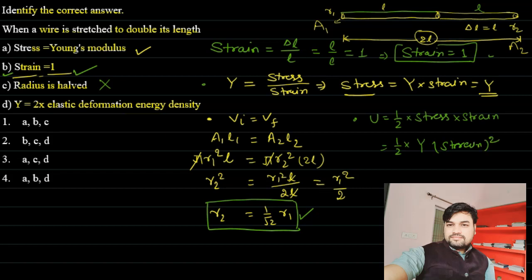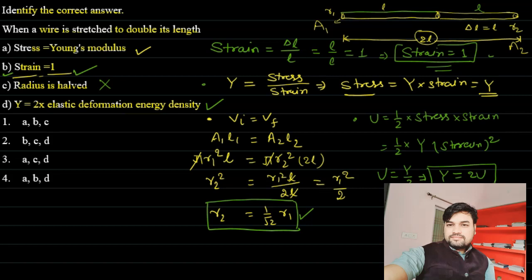Now we have calculated the strain is equal to 1. We substitute strain equal to 1, we get U equals Y by 2. From here we get Young modulus is twice of elastic deformation energy density. So this statement is also correct.